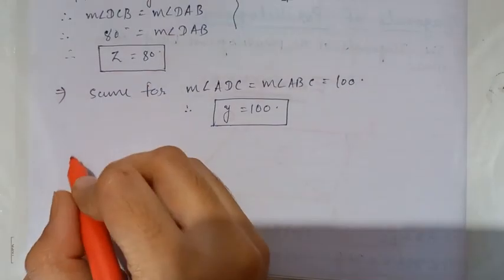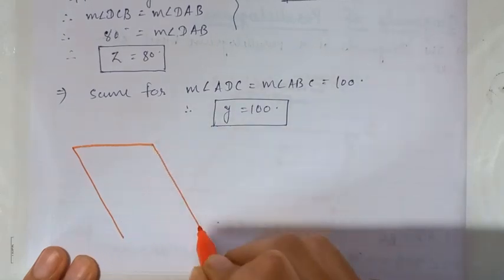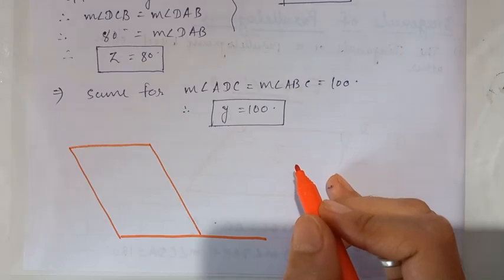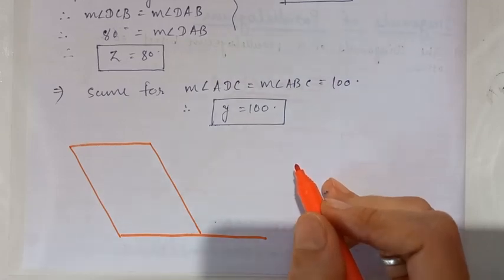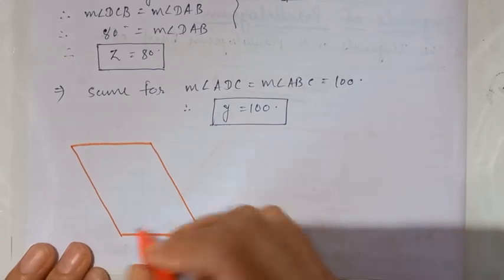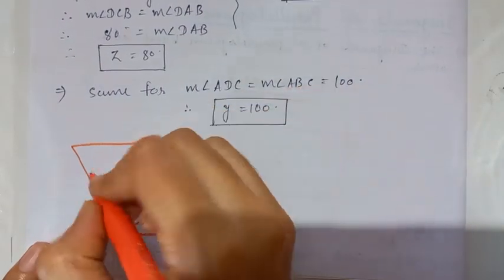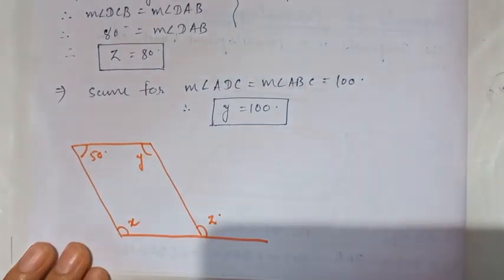See, the unique one is... It is x, it is y, 50 and z degree.